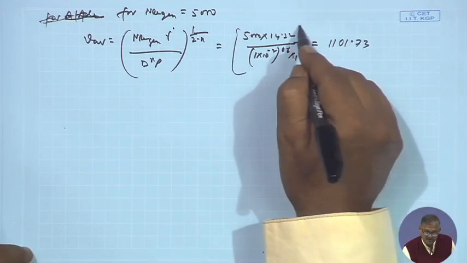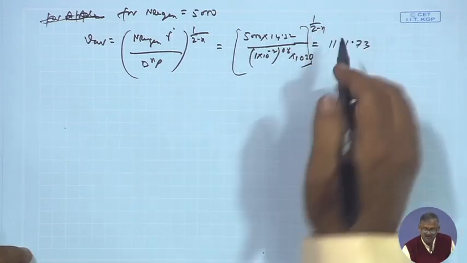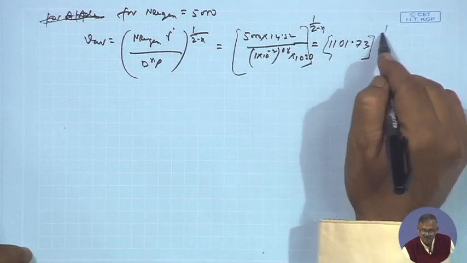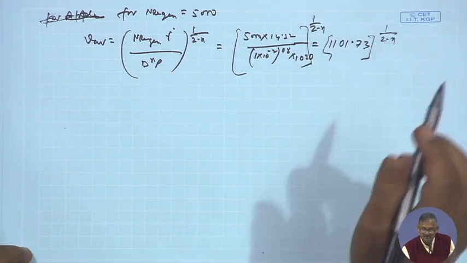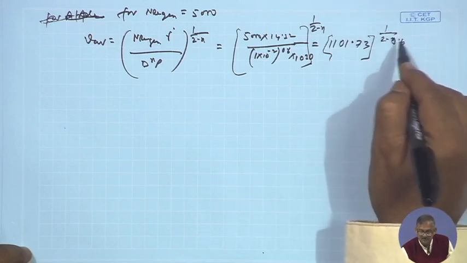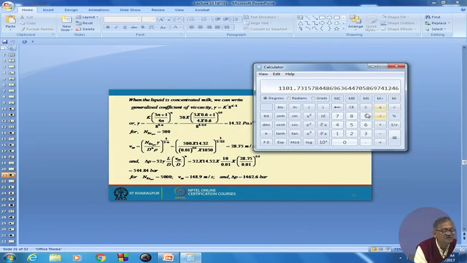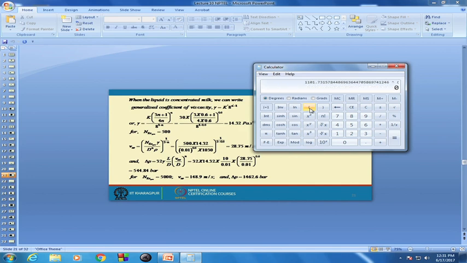11.01, this to the power 1 by 2 minus n, that is 1 by 2 minus 0.6. So we do x to the power y, to the power 1 divided by 2 minus 0.6.